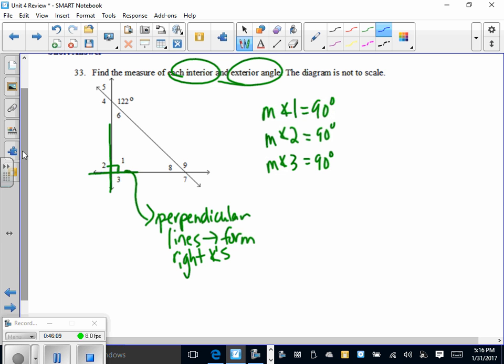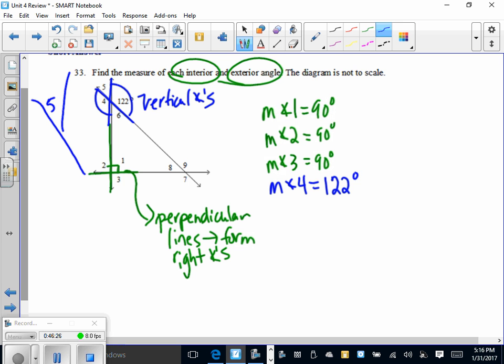Angle 4 is across from the 122. Those are called vertical angles. So the measure of angle 4 is equal to 122 degrees. Angle 5 and 122 form a straight line. That makes them a linear pair.